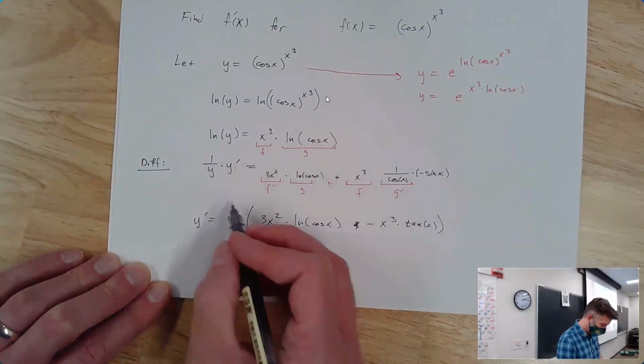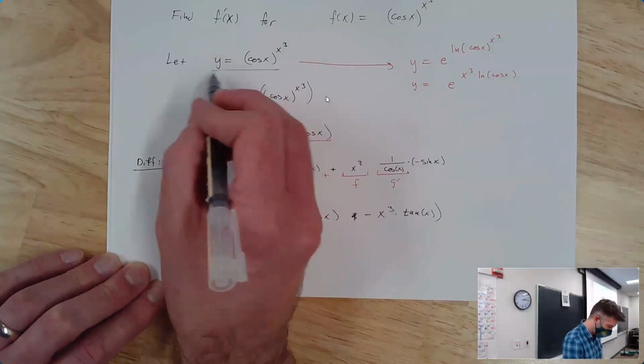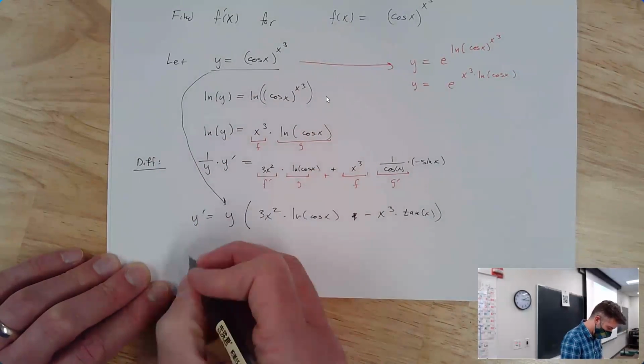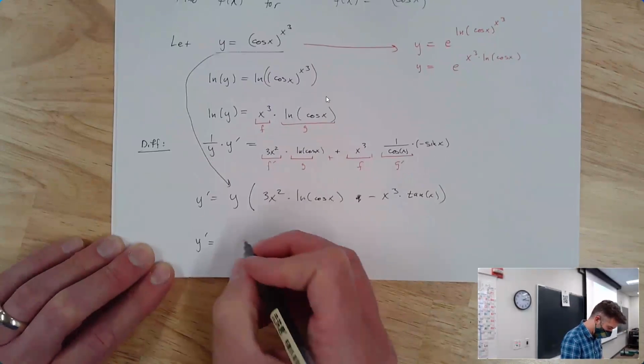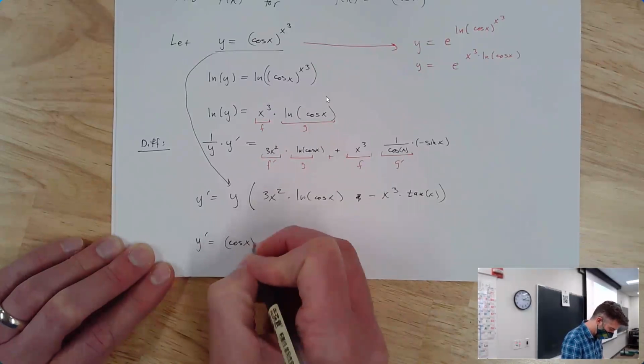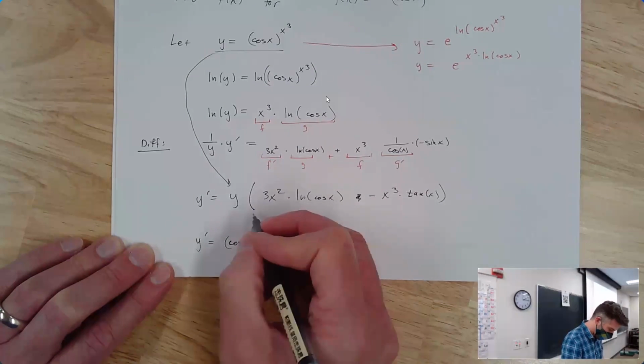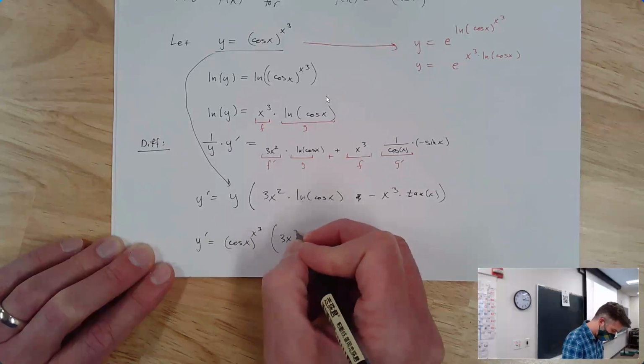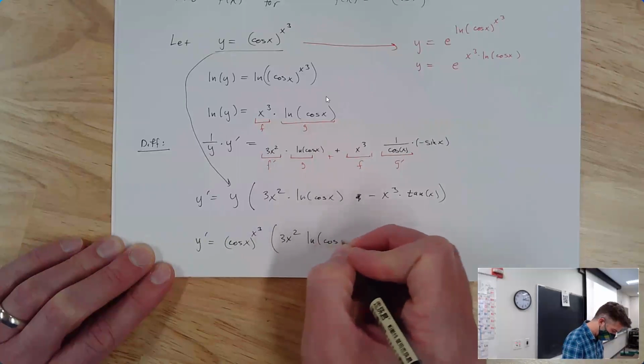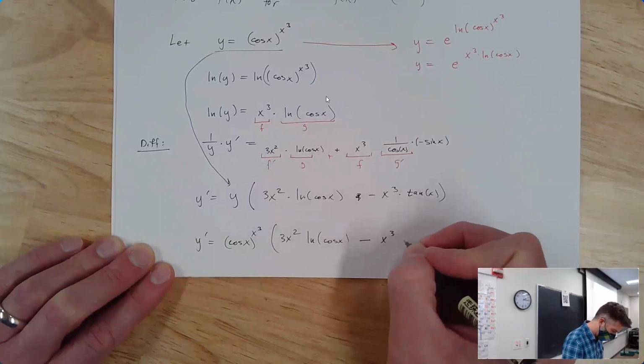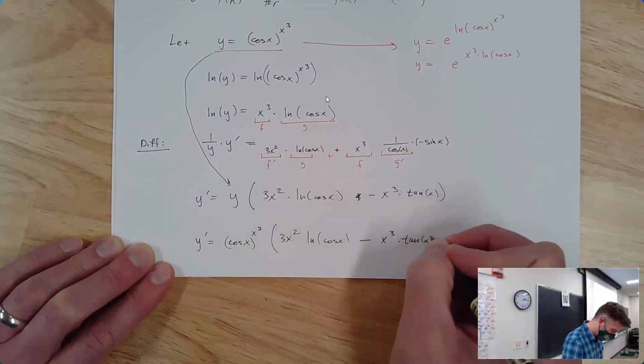And then finally, I'm going to replace y with what y is equal to. So y prime is going to be cosine of x to the x cubed times all of that: 3x squared natural log of cosine of x minus x cubed times tangent of x.